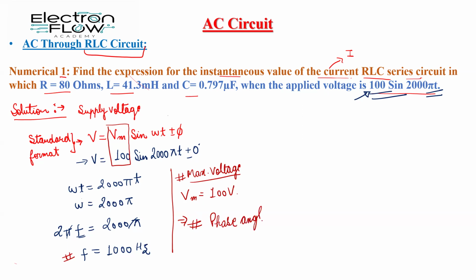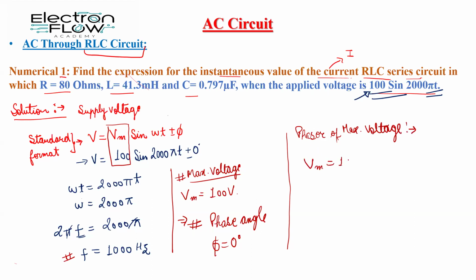So three things we have noticed here. I can rewrite the phasor of maximum voltage Vm as 100 at an angle of 0 degree.